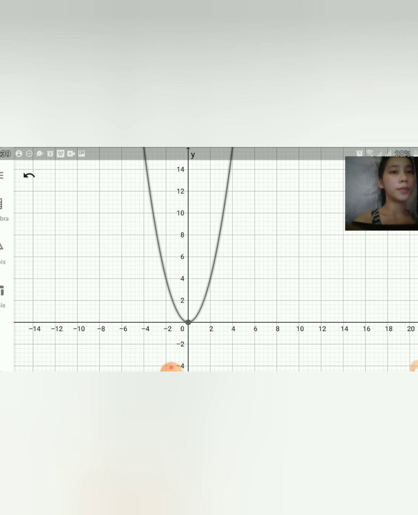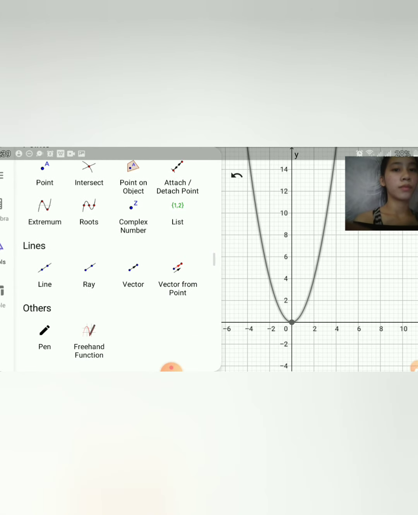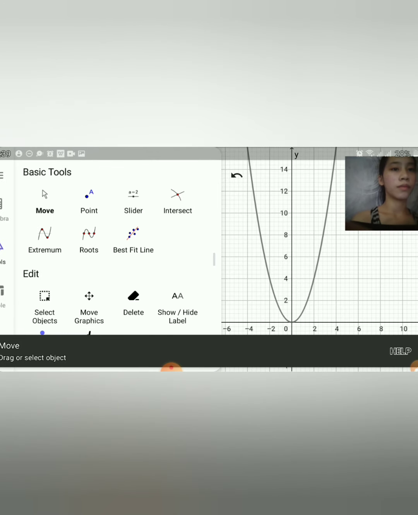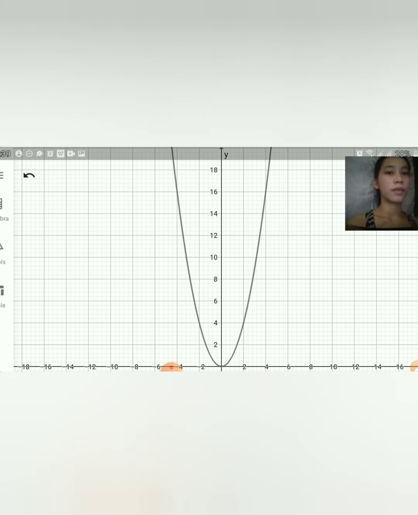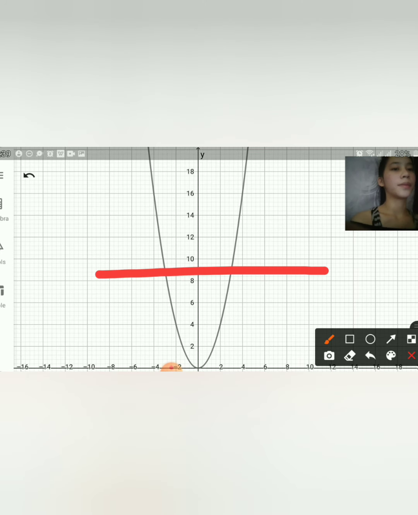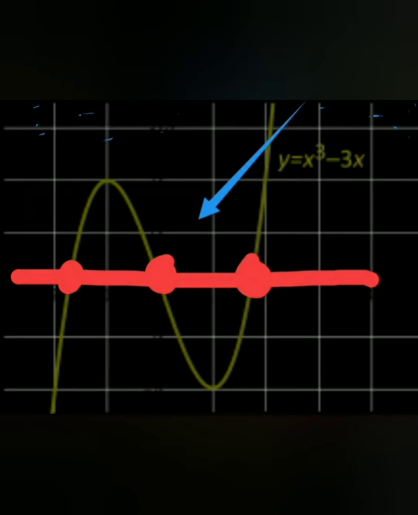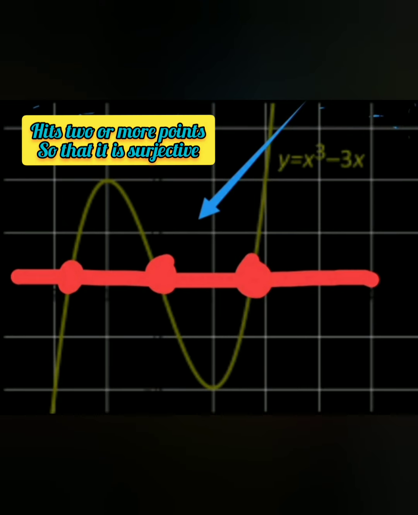If we draw a horizontal line, how many points will be hit? Say there are 2 points. So in that case, it is a bijective function.